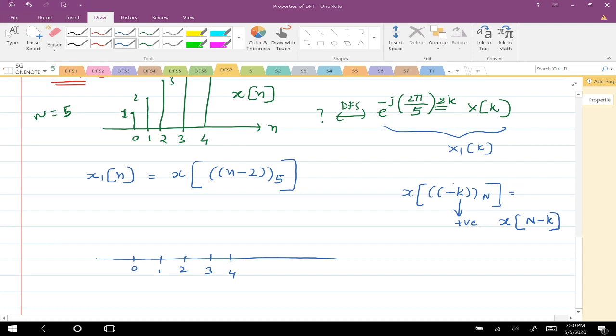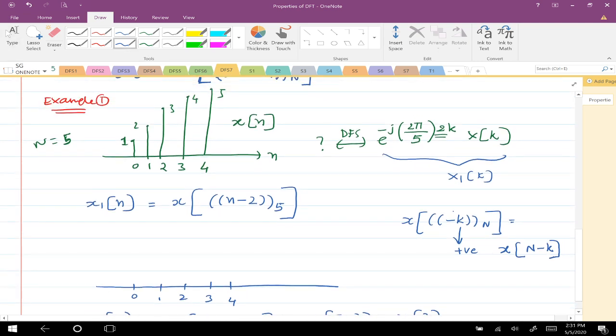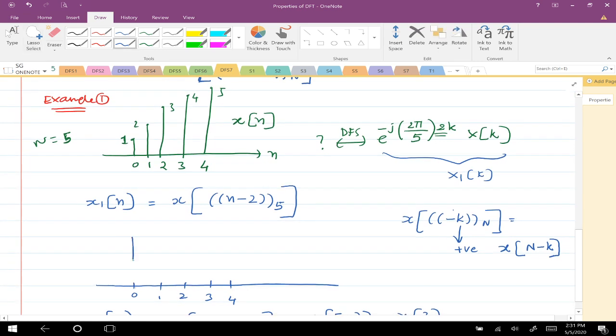So x1 of 0 is equivalent to x of minus 2 modulo 5, which is x of 5 minus 2, that's x of 3. X of 3 was 4, so this is 4 here.